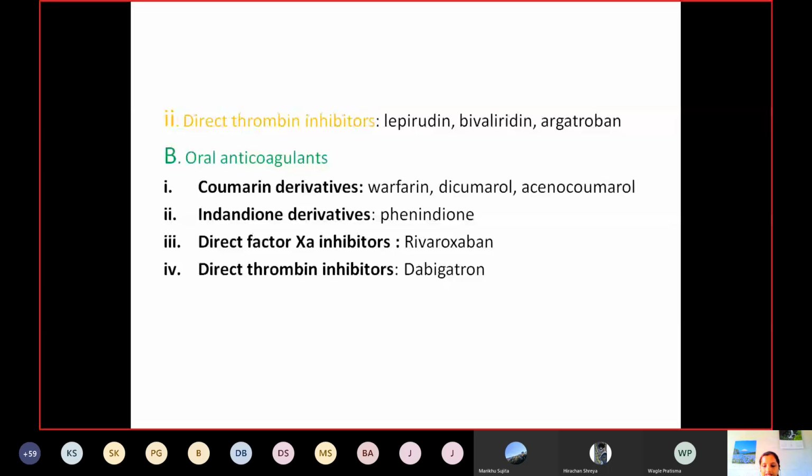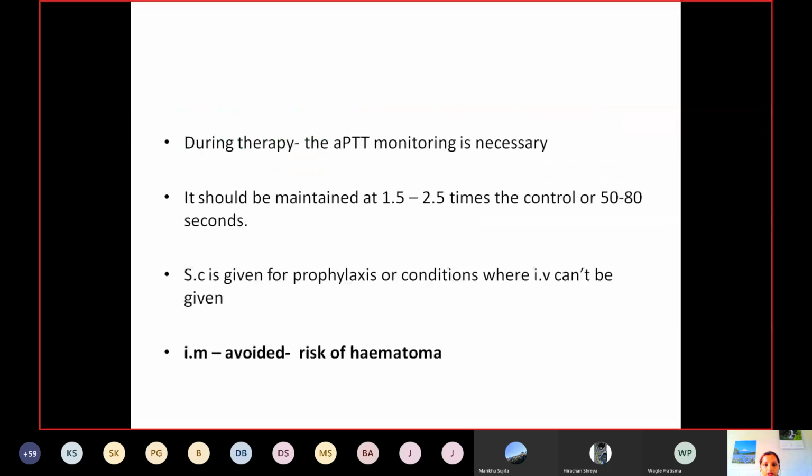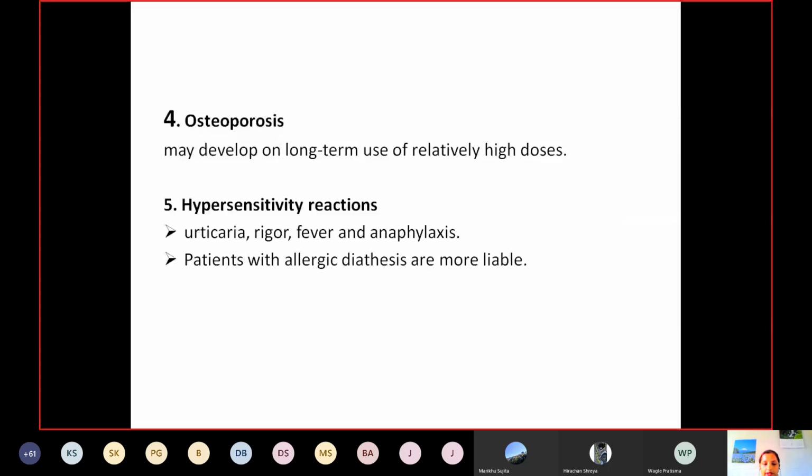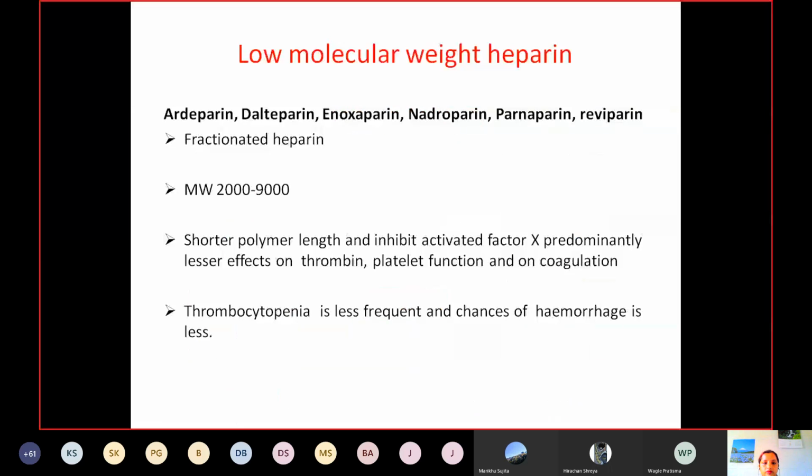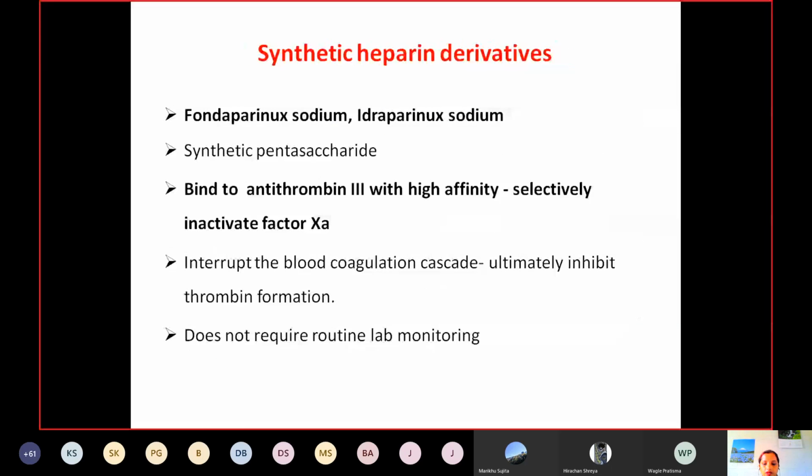So in the last class, we finished heparin and low molecular weight heparin. So what are the uses of heparin, you know? Do you remember something? What are the clinical indications? Why nobody is responding?